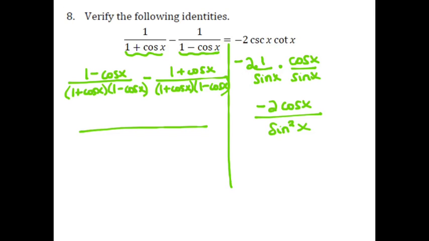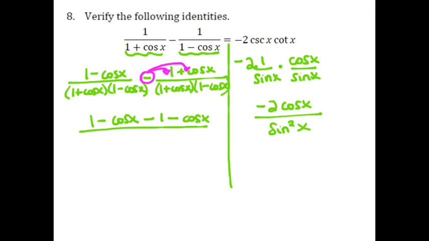On the top, this minus sign right here has to be distributed to both parts in the numerator of that second fraction, which means when I rewrite this, I'm going to have 1 minus cosine x from the first fraction minus 1 minus cosine x, because this is going to go to the 1 and also to the cosine.